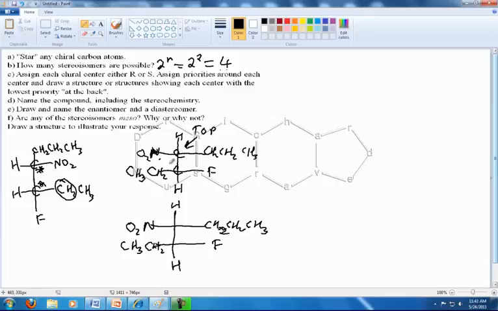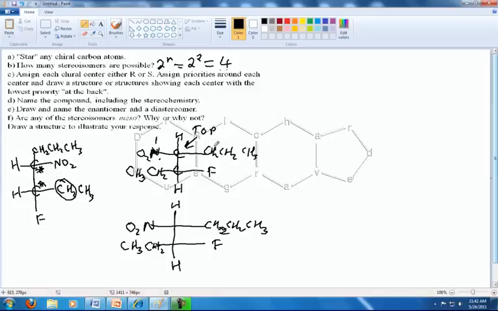And that's an N, a C, and a C, and an H. Well, the H is already the lowest priority group. We're not going to worry about that. So it's going to be between the N, the C, and the C. Out of the N, the C, and the C, the N takes top priority. That'll be group 1. So now we've got a C and a C. The question we've got to ask about each of these C's now is, what is the heaviest atom attached to each of these C's?